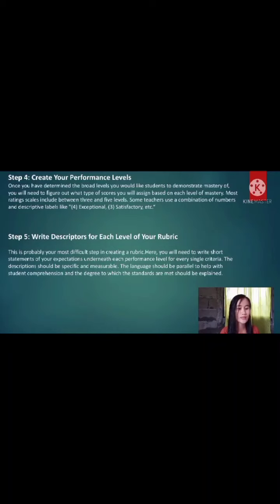Again, using an analytic essay rubric as an example, if your criterion was organization, and you use 4 for exceptional, 3 satisfactory, 2 developing, and 1 unsatisfactory skill, you would need to write the specific content a student would need to produce to meet each level.